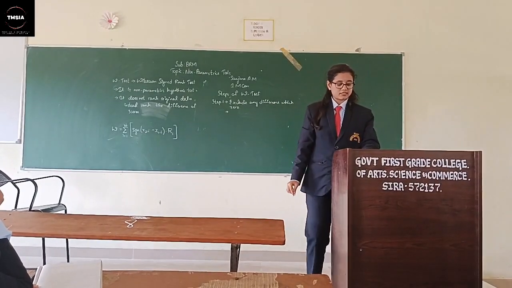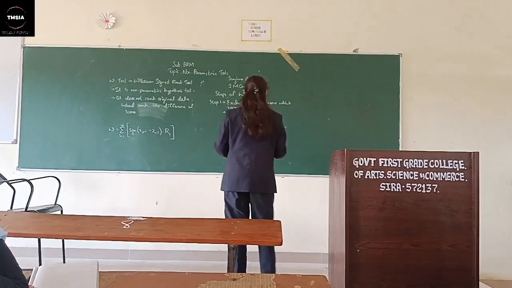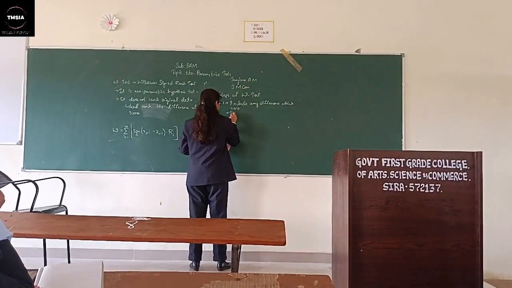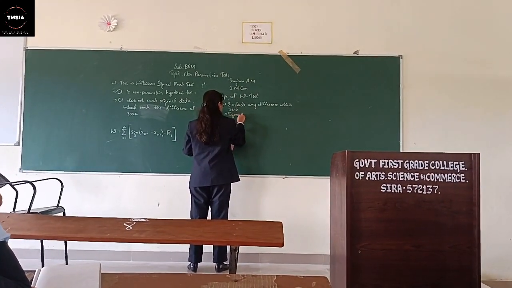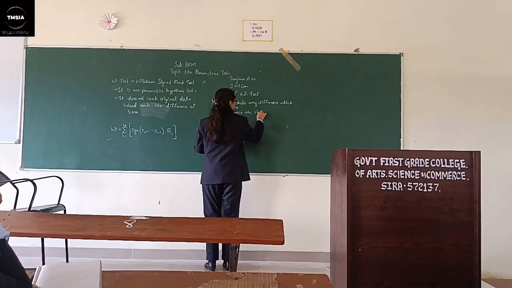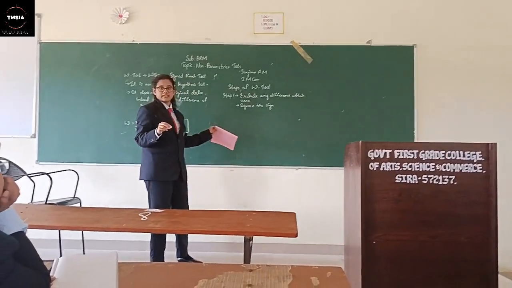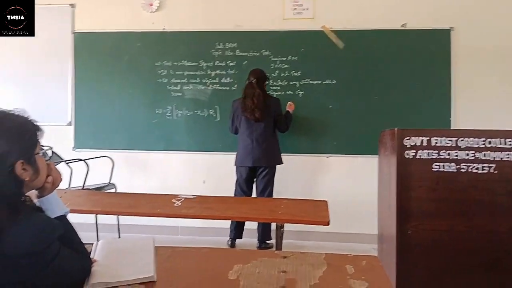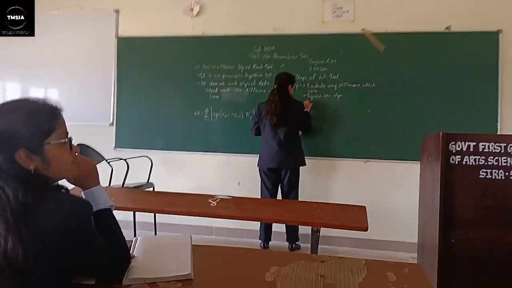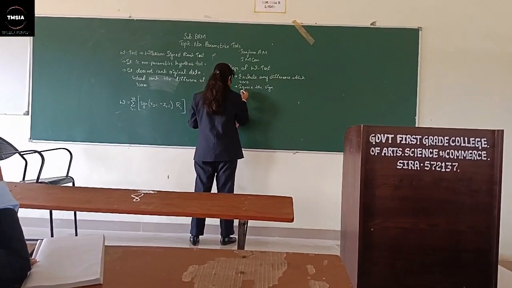In this, first they'll exclude all the values of 0, then they'll ignore the sign. Whether it is plus or minus value, they'll ignore the signs. After that, they'll put the rest of the differences in ascending order.